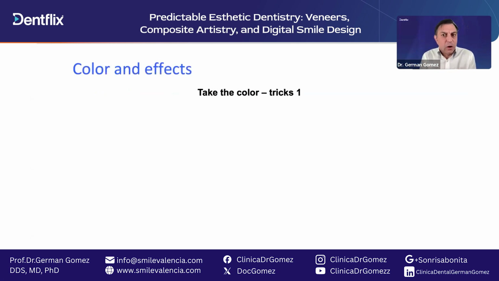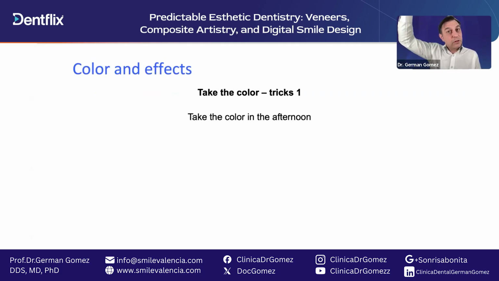So how to take the color? One of the tricks is to take the white color of the eye of the patient, okay? Take the color in the afternoon. Why? Because the sun is in a better position to see the real colors of the teeth. Then avoid direct sunlight. Why?